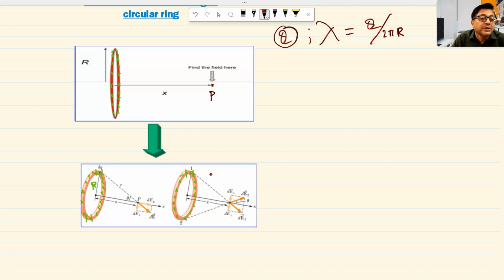Now, the ring is mentally divided into many parts. This is the elemental portion AB, carrying a charge dq on it. Due to this dq amount of charge, we find strength of electric field at the point P.